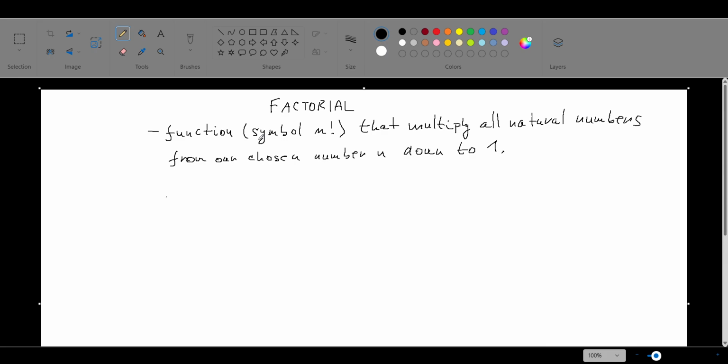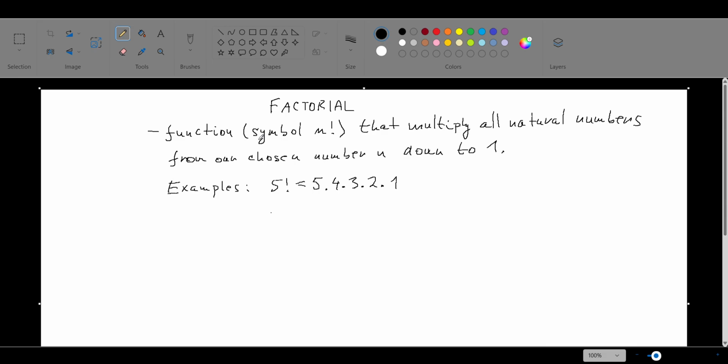So basically, let me give you some examples. Our examples could be, for example, factorial of number 5, or 5 factorial, which is calculated as the multiplication of all natural numbers from our chosen number, which in this case is number 5. So we multiply 5 times 4 times 3 times 2 times 1, down to number 1.